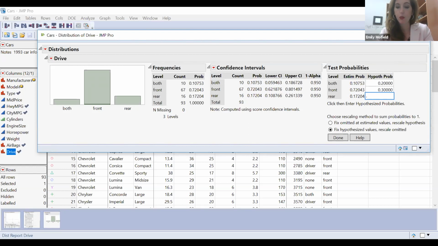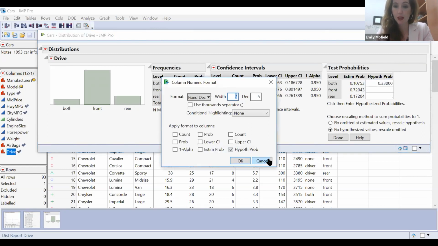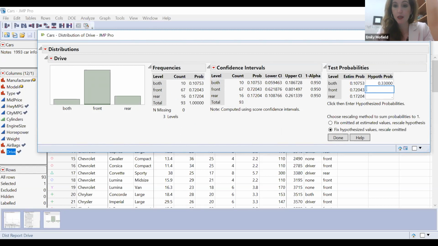Sorry, 0.50. But sometimes I might want to just see if there's more of one than another. And so if that was the case, then I would split this proportion up evenly. And so I would say, let's just test against the probabilities of 33%, 33%, and I've got to make this add up to 1, and then 34%.